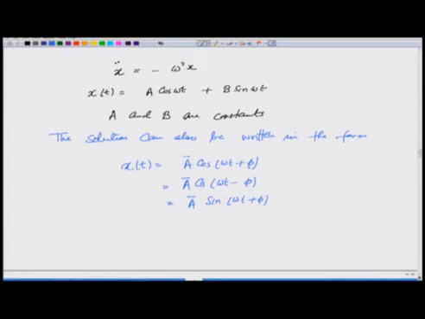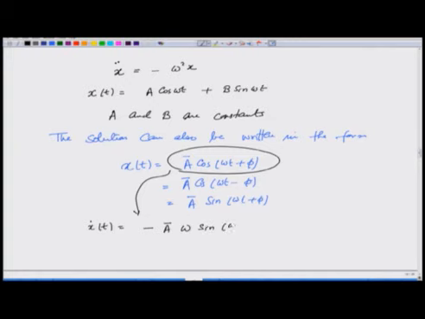So, first thing that you check, if you want to show that this satisfies the simple harmonic equation, is x dot t is going to be equal to minus, let us take the first function first, a bar omega sine of omega t plus phi, and therefore x double dot t is minus omega square a bar cosine of omega t plus phi, which is exactly minus omega square x.